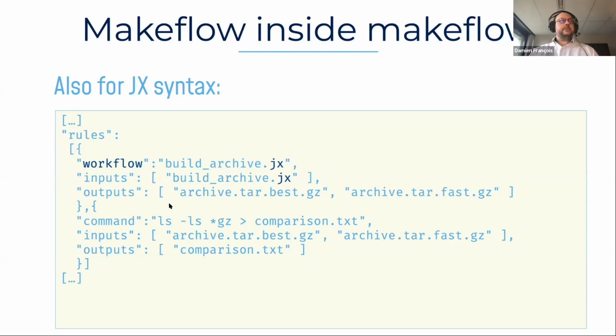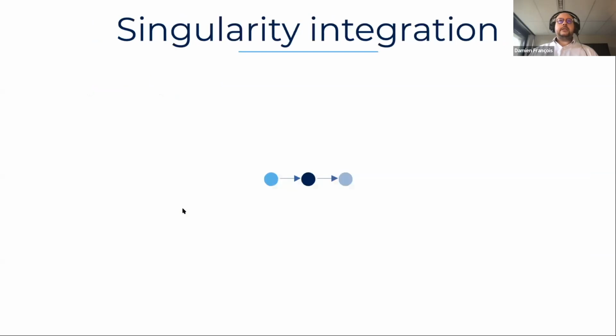So do we have any questions about these parts? So the nested Makeflow and the JX syntax? No, then I will move on to the last part of this short talk, and it's about Singularity integration.